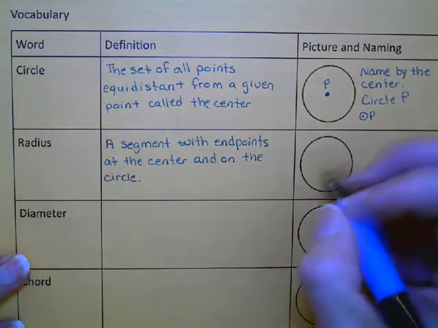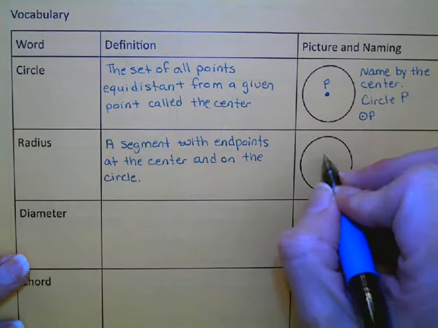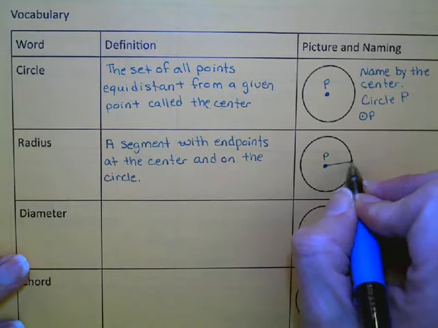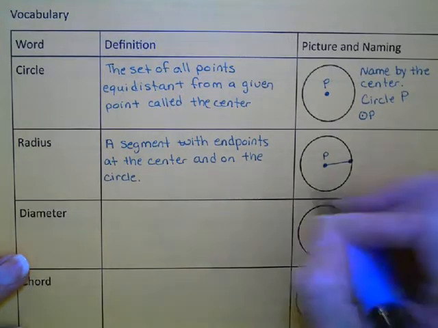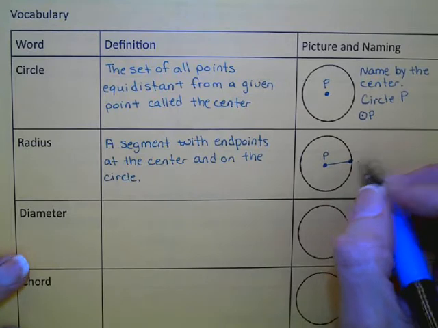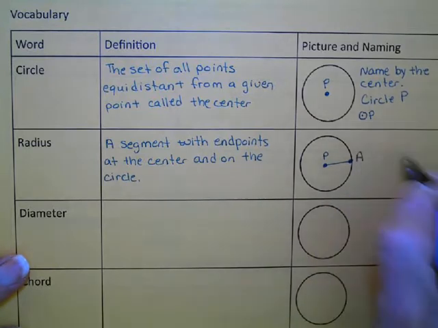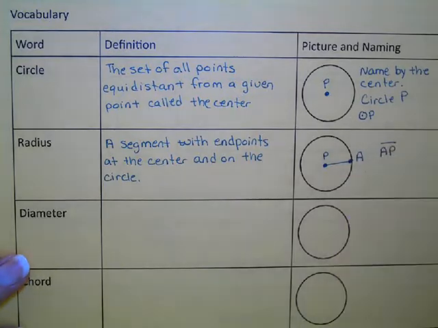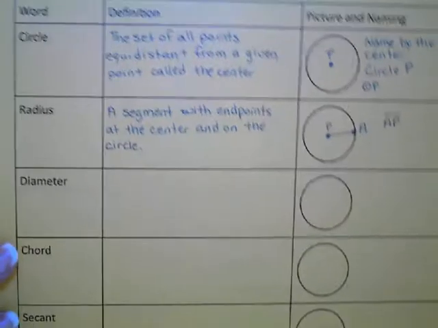Okay, so if this is our center P, then a radius would go from the center to the circle, to the edge. So that represents the segment. One end is on the center, one is on the edge, and we'll call that A. So segment AP is a radius. Anything that goes from center to the edge.